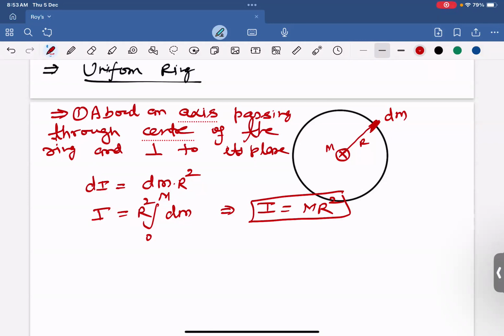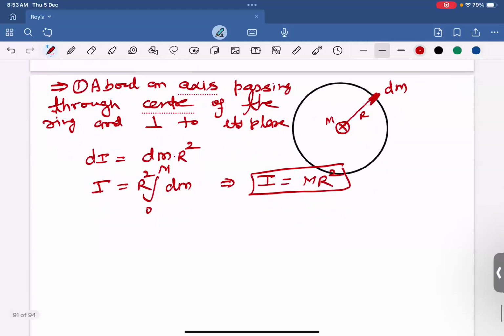Okay. Now on the same page, you see question number 45. It says: calculate the moment of inertia of a ring about a tangent to the circle of the ring, normal to its plane.